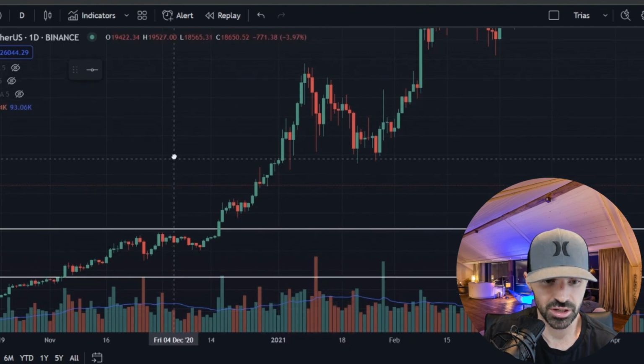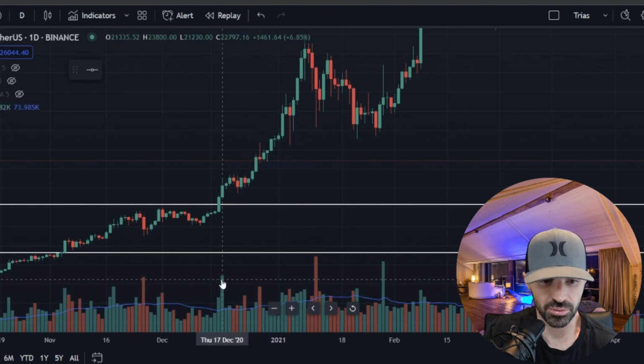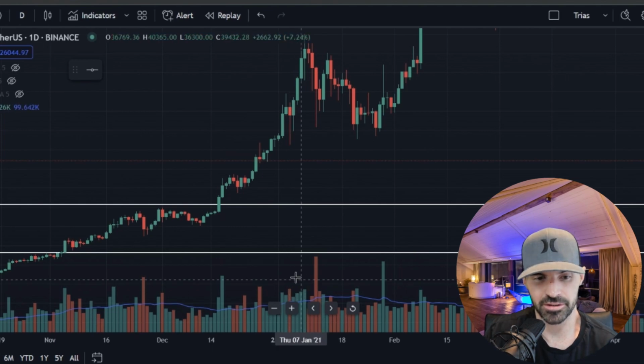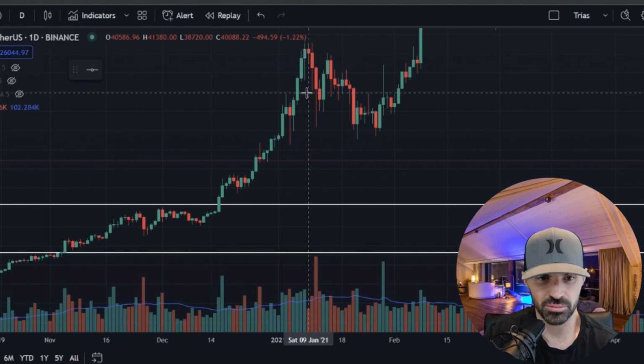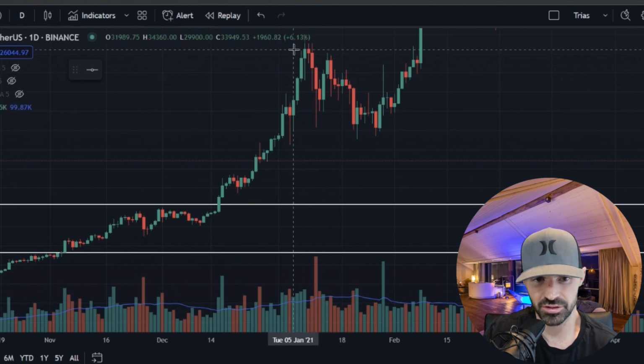And another way to read it is, if you can see, these green volume bars here were lower than the previous one. That gives you the impression that the buyers are exhausted and there's going to be a retracement. And in fact, there was a big sell-off here, which gave this big red volume bar. And then the price sold off.